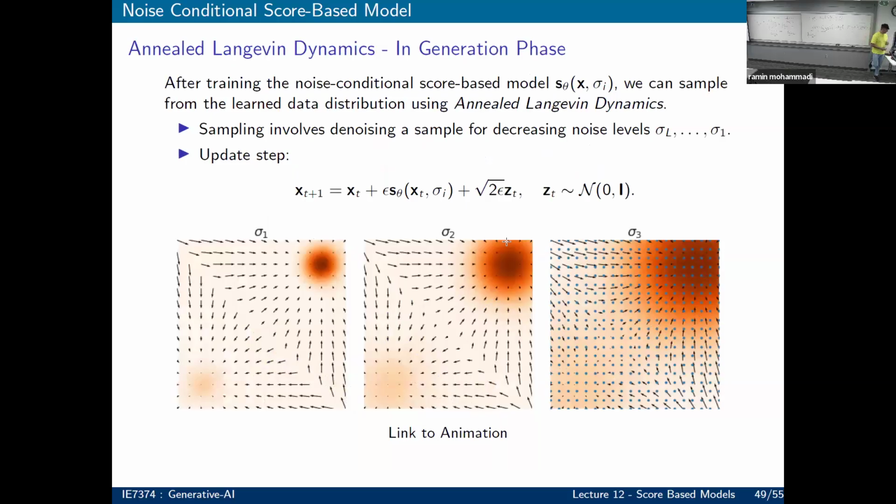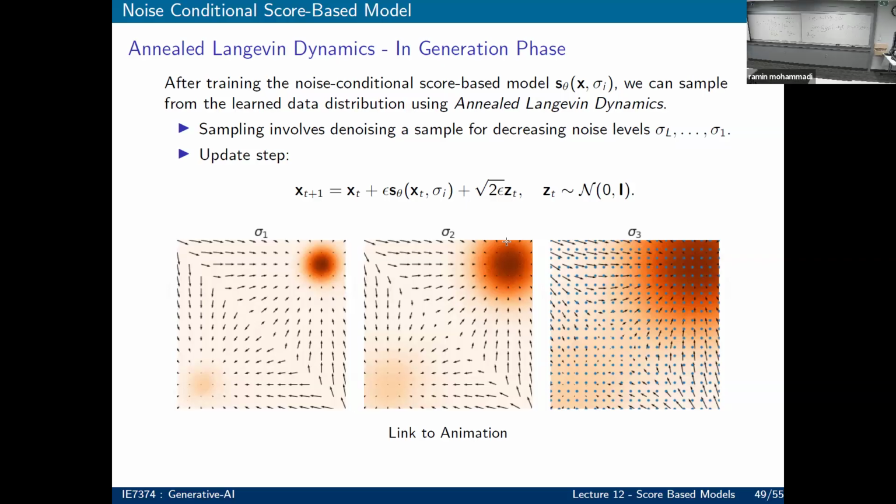Now this is the reverse of that process during generation. During generation, you want to reduce noise. So you start with a large noise and reduce it to get to a small noise. We basically gradually reduce noise, and this is how we do that: annealed Langevin sampling. The data becomes the previous data plus a learning rate times the score.